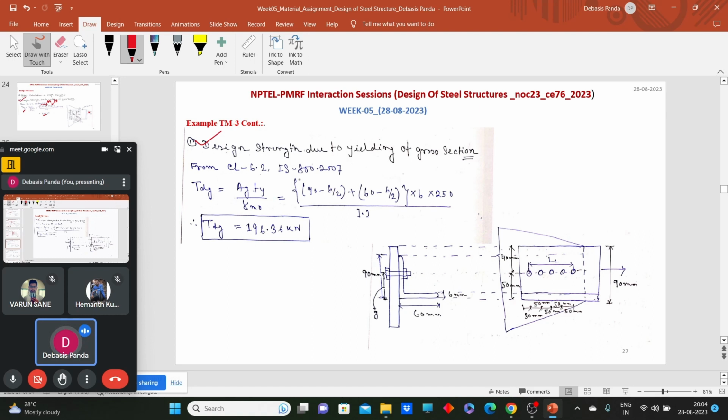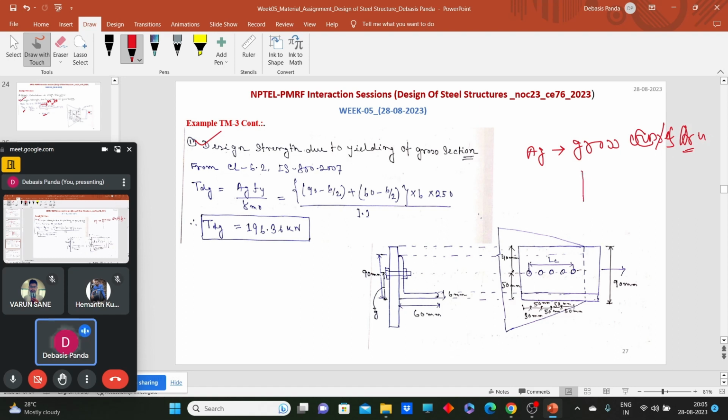Now what is that Ag? That Ag is the gross cross-sectional area of the angle section. Now how we can calculate the gross cross-sectional area? Either we can find it from SP6 directly or we can calculate from the angle section itself.